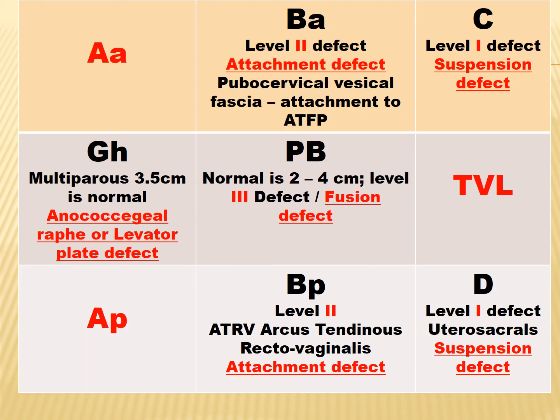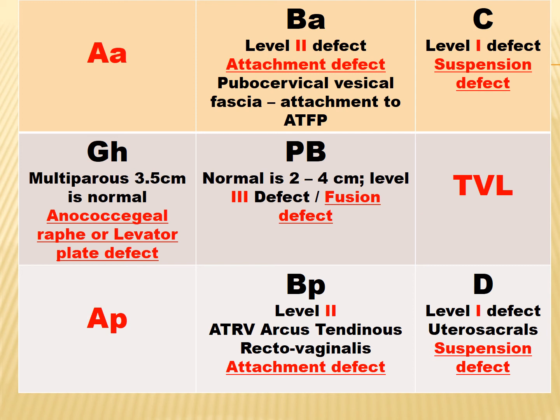In this slide, let us talk about all the points, excluding the 2 points we previously discussed. So, point BA. When we measure in a prolapse patient, why am I taking point BA as minus 3? Because that is the normal value.